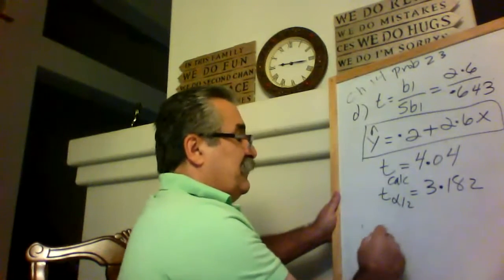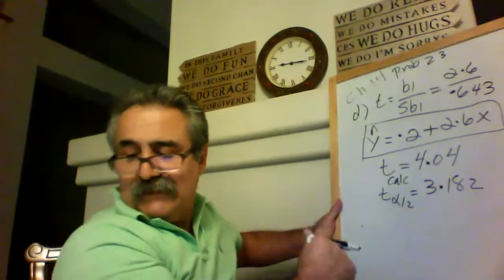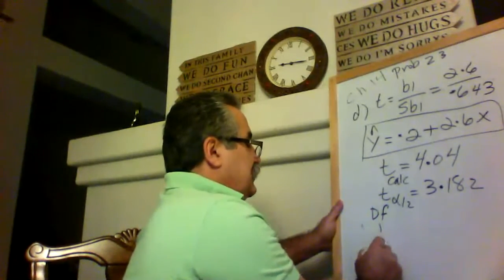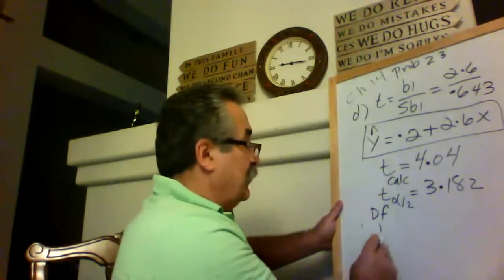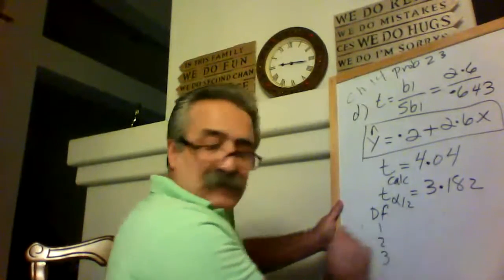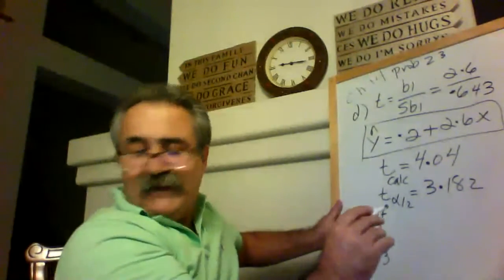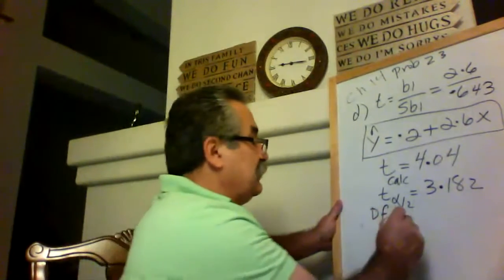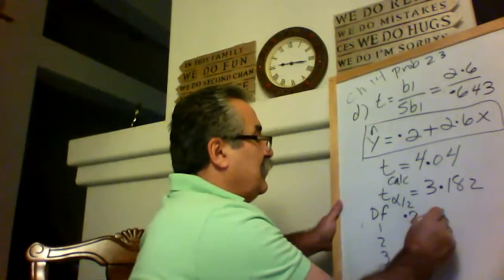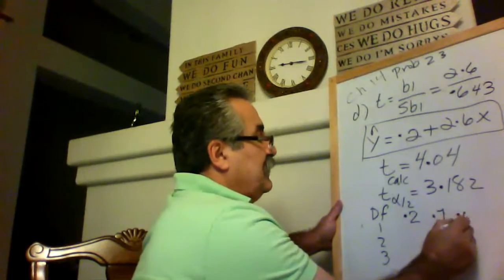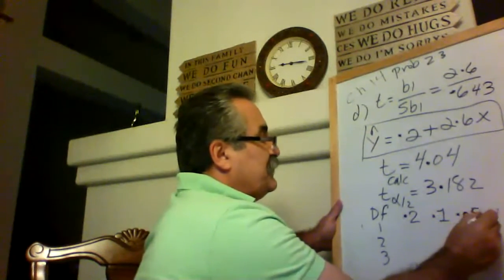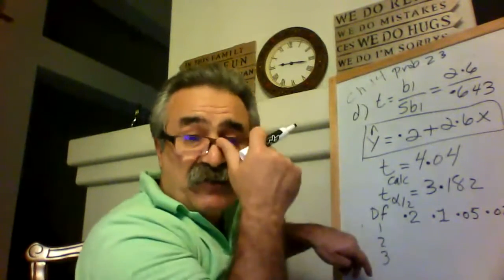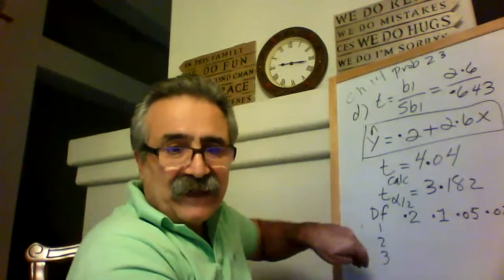So if I want to write down those values, the degree of freedom, 1, 2, and 3. And then we have the boldface, we have 0.2, 0.1, 0.05, 0.025. This is part of the degree of freedom table. Okay?